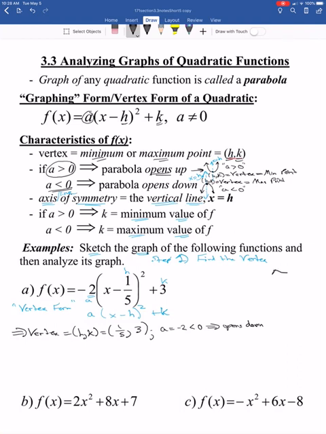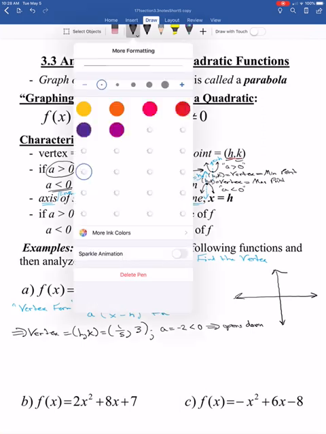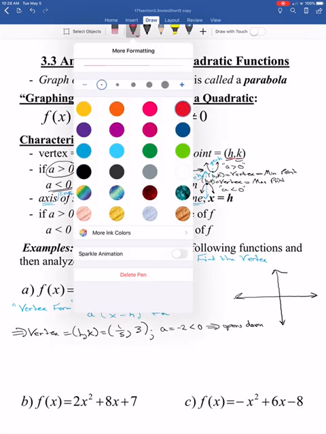Let's go ahead and build a quick sketch of this quadratic. As we're graphing this parabola, our vertex is (1, 3), so right 1, up 3 would be the vertex. Let's draw this parabola. I'll put it in blue.